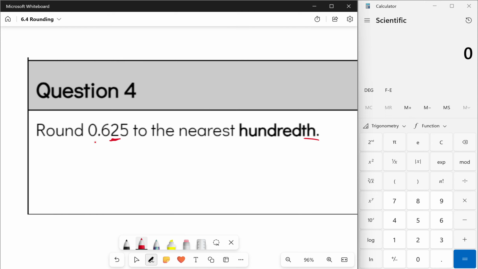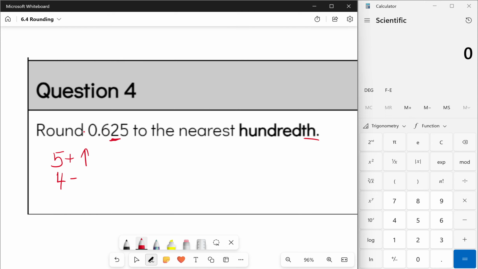If the number to the right is 5 or more, then the underlined number rounds up. That means it goes up 1. If the number to the right is 4 or fewer, then nothing happens to it. It stays the same. It doesn't go down, which is a common mistake. It just stays exactly the same.